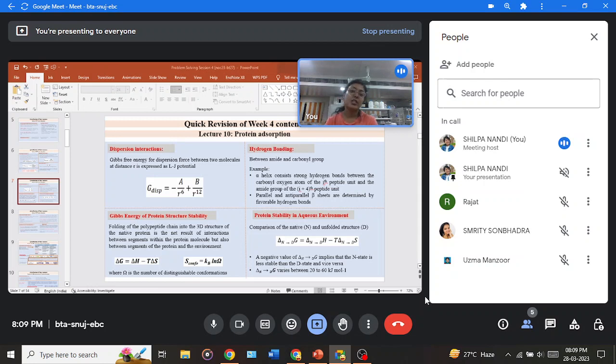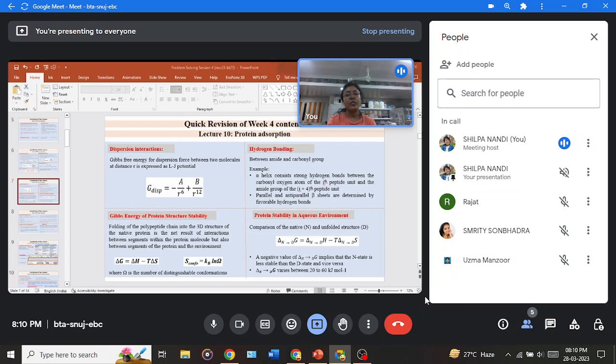So Gibbs free energy is equal to enthalpy minus T delta S, where delta S is entropy. When the enthalpy is high, the delta G will also be positive. If enthalpy is negative, delta G will also have a negative value.